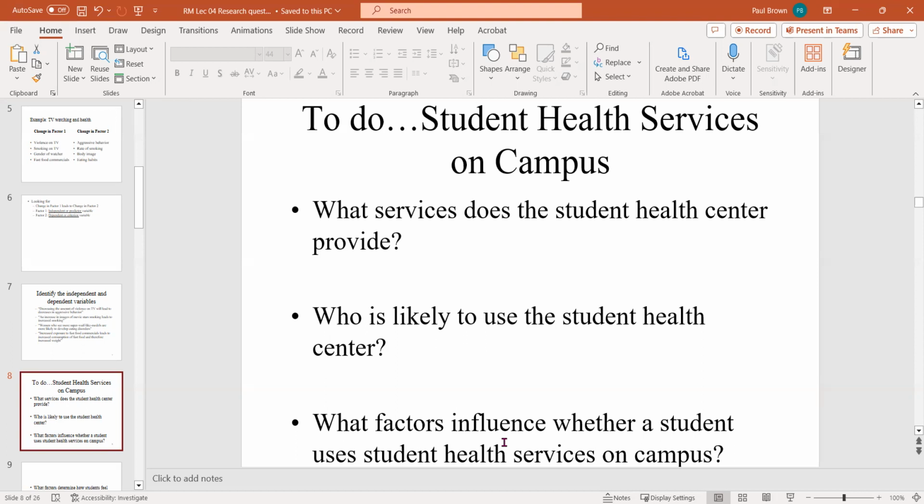Then for people, who's likely to use it more? Well, probably people who need it, let's take STI testing. Who's more likely to manifest status? The people who have lots of partners, right?